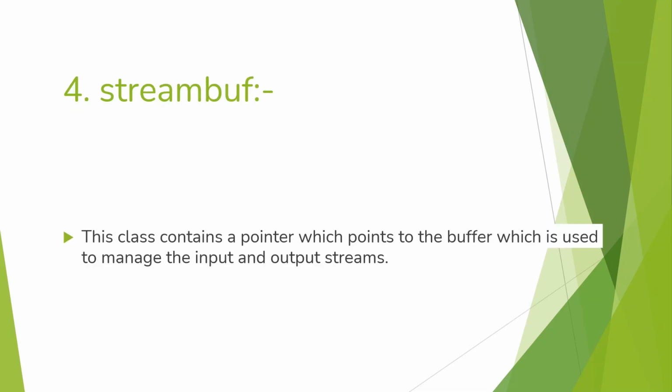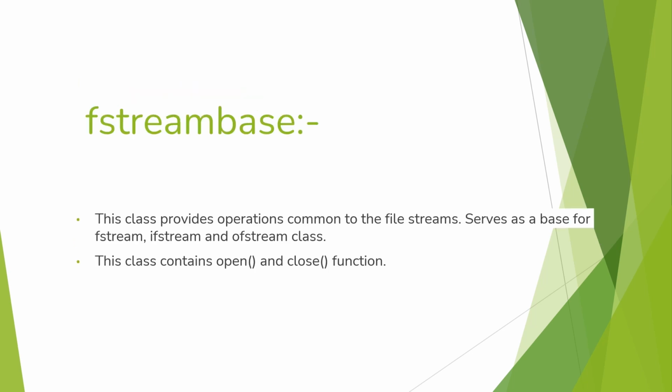Next is streambuf. Buffer means it is always used as a storage place. This class contains a pointer which points to the buffer, which is used to manage input and output. So whatever we give in the input stream and output stream is stored in the buffer called streambuf. Next is the fstreambase.